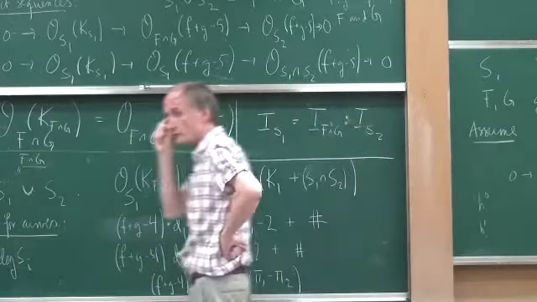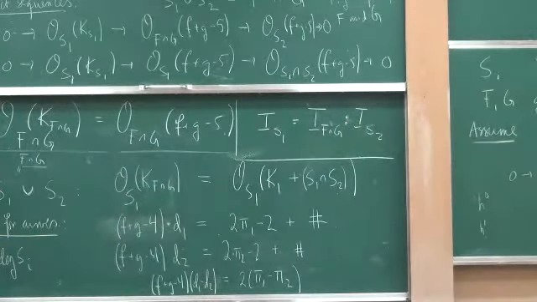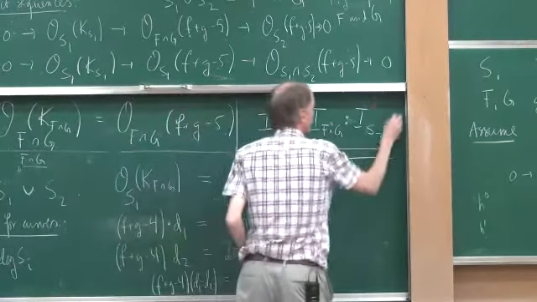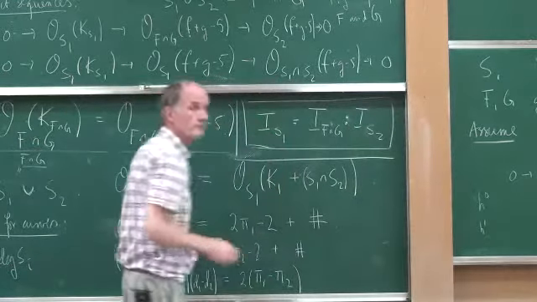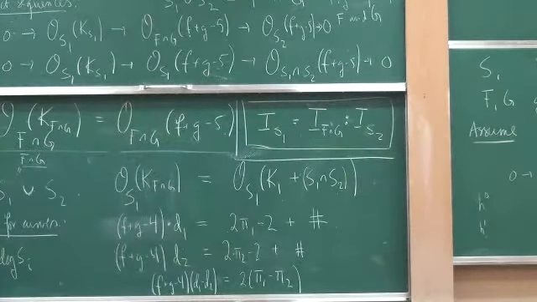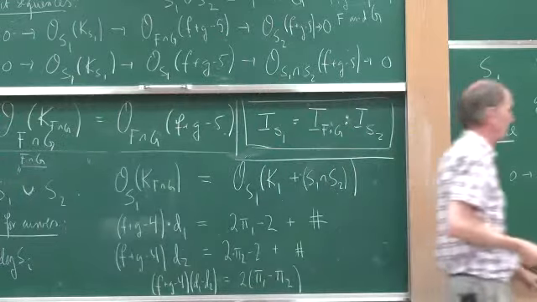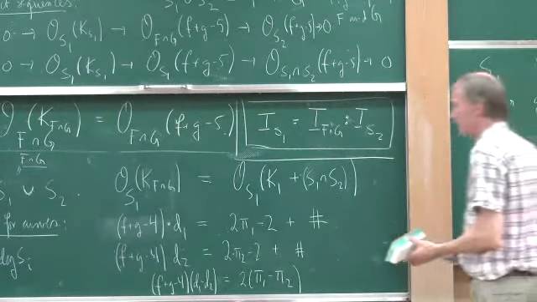You just take the quotient. That's how you do this ideal theoretically. So on the computer this is very easy to do. Okay, so that was the elliptic scroll.